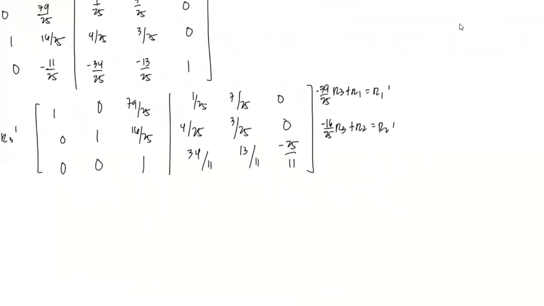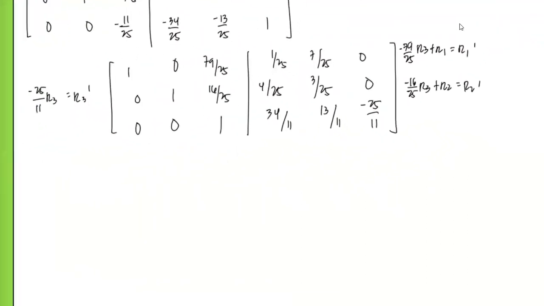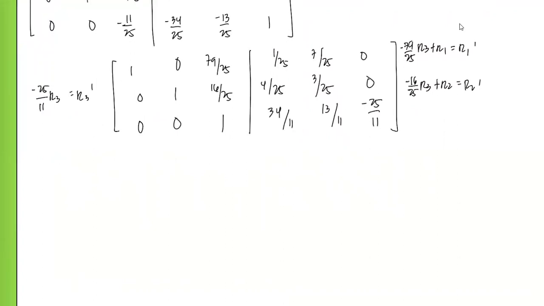Then multiply natin ng negative 79 over 25 yung R3 plus natin sa R1 para dun sa bago natin R1. Okay? Okay, so diretso na natin. So we have dito 1, 0 na to. Yun po bago yan.